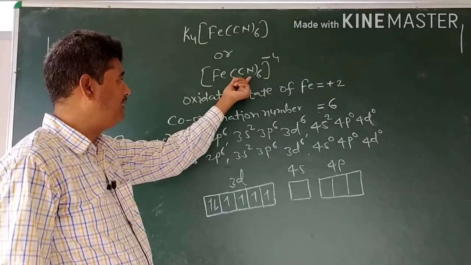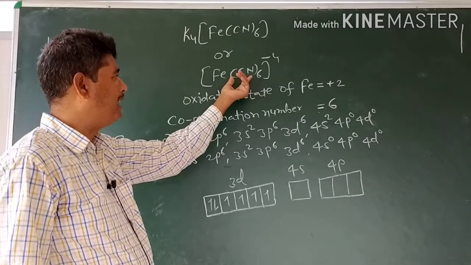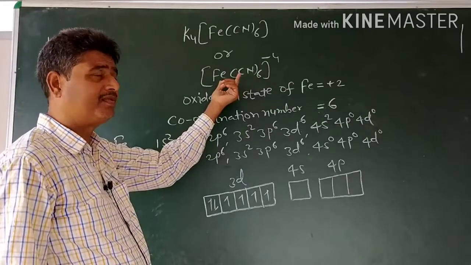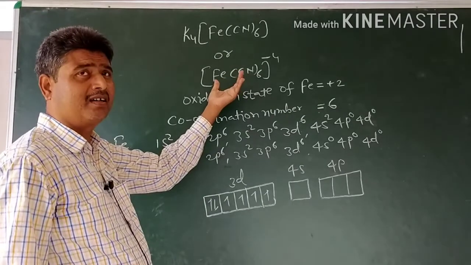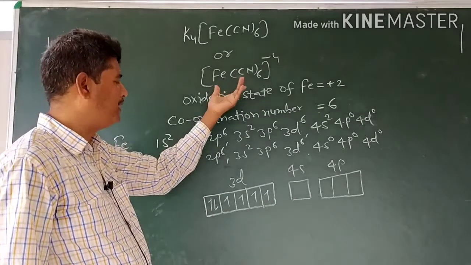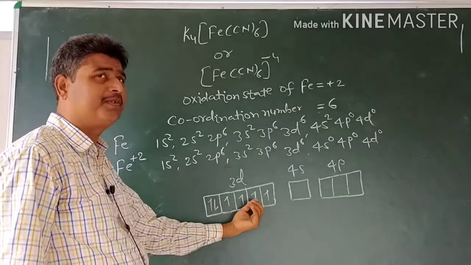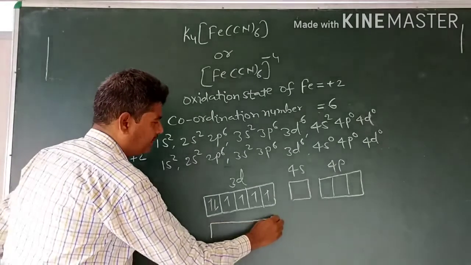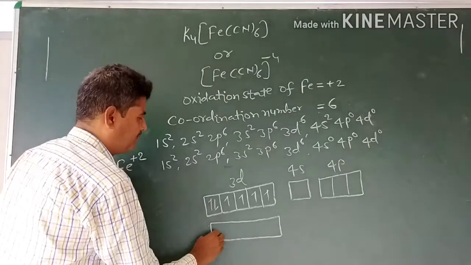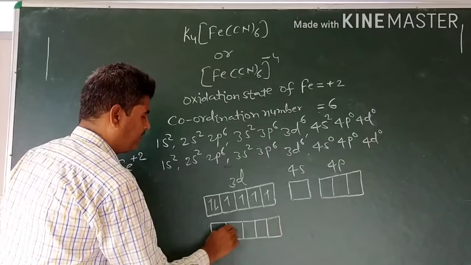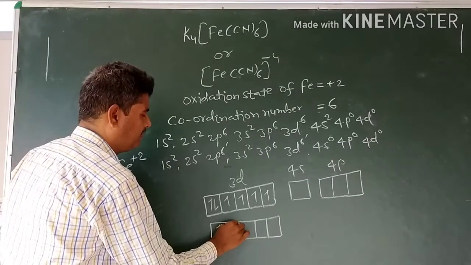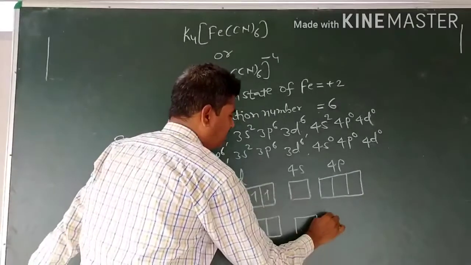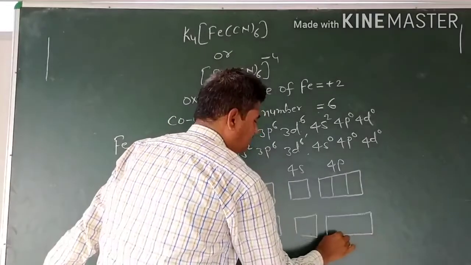When cyanide approaches the central atom for the formation of a coordinate bond, pairing will occur. Due to pairing, orbitals become vacant, along with 4s and 4p.